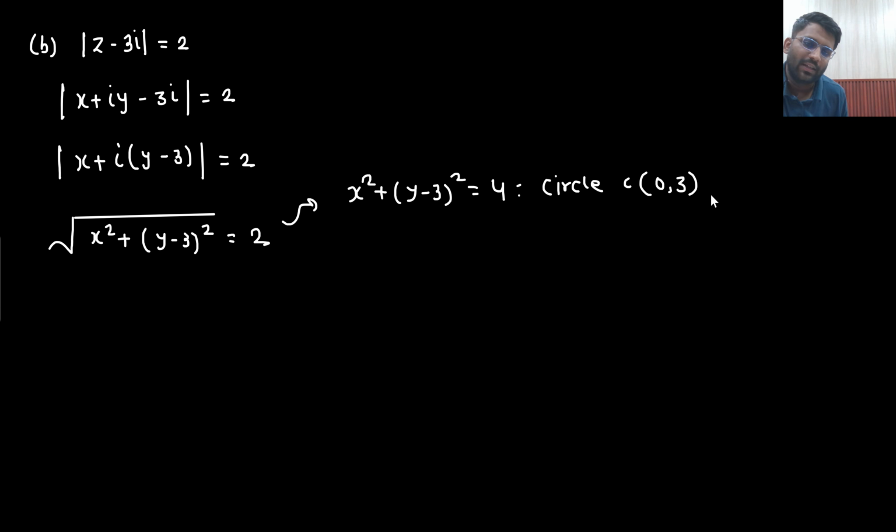So from here what you are getting? Here we are getting x square plus y minus 3 whole square equals 4. So what will it represent? It will represent a circle with the center of 0, 3 and radius of 2. So can you make this?